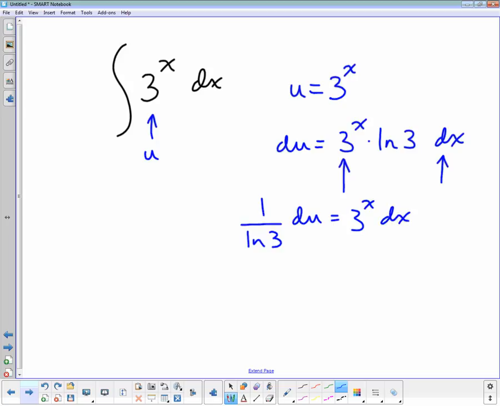Now, the natural log of 3 is just a number. Okay, the natural log of 3 is 1 point something, small.